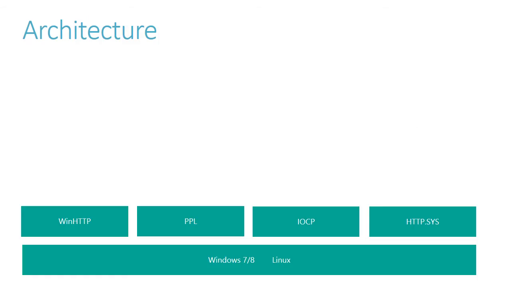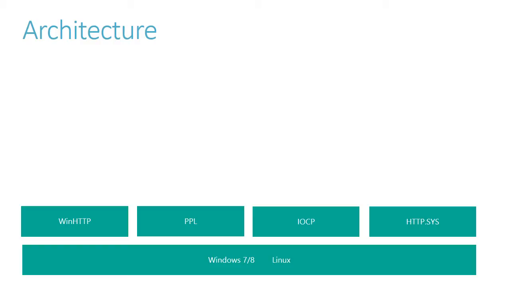Here is a visualization of what currently exists and what we're planning on building for the C++ REST SDK. At the bottom, we have some platform components, Windows and Linux, but there is potential for contributions from the open source community to support other platforms as well. On top of that, there are some APIs that we rely on that already exist.